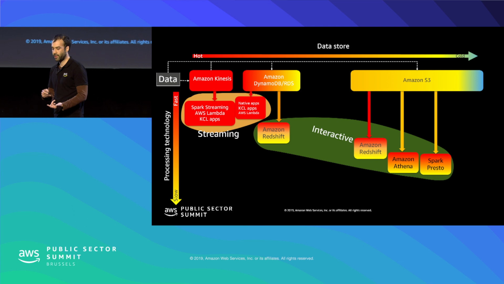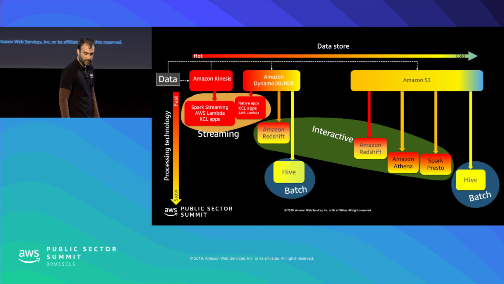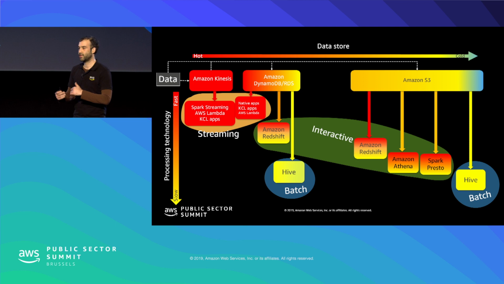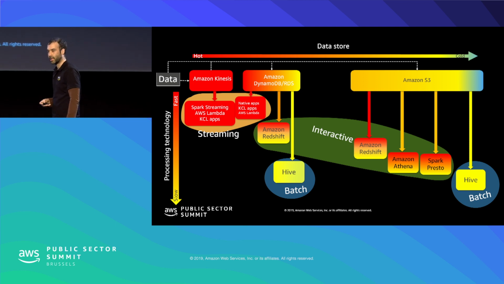And also Amazon Athena or EMR with Spark or Presto running over S3. And for batch analytics, Hive is a typical tool running over EMR. So the lower those tools are, the bigger the response time back to you.